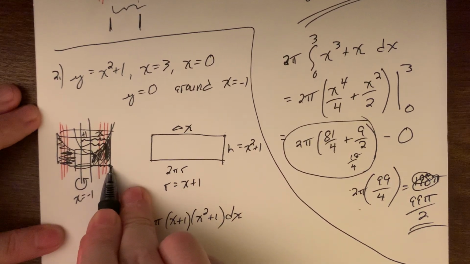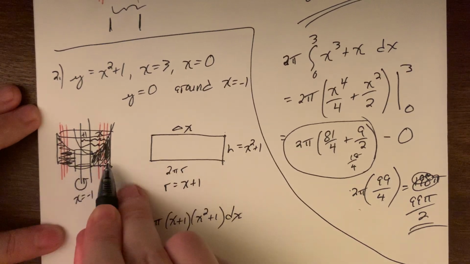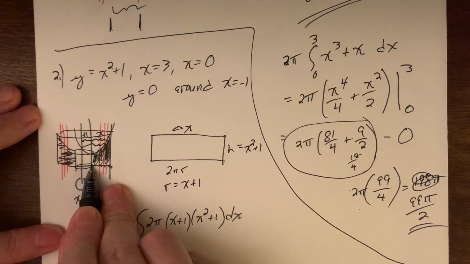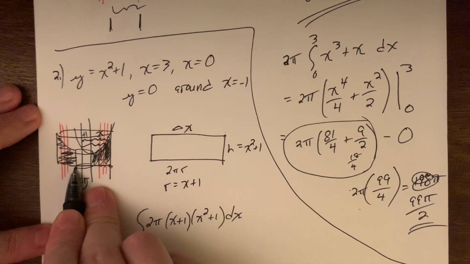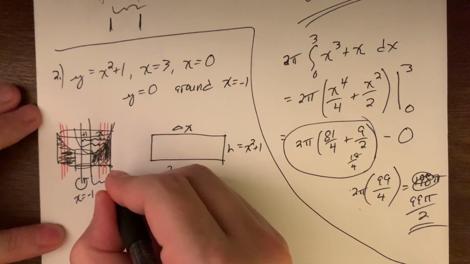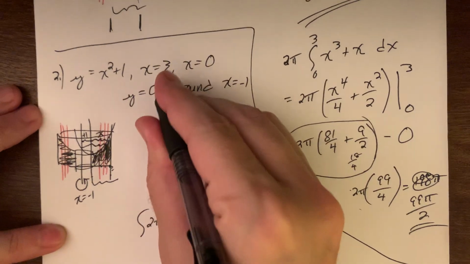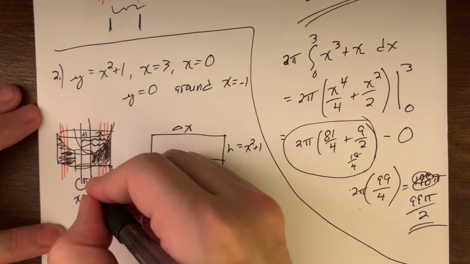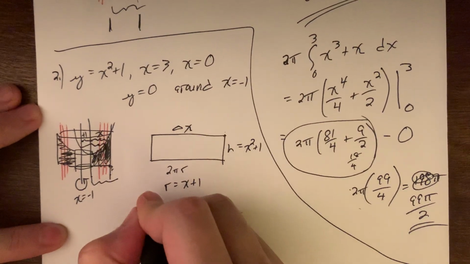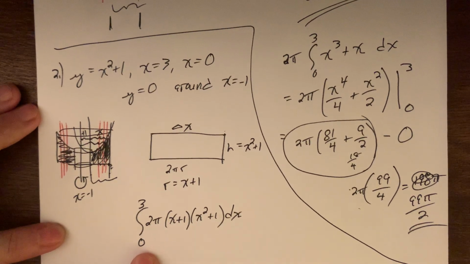Well, I start peeling on this outer edge, and this comes off, then peel here, and this comes off. And by the time I peel to here, this is gone as well. So I'm peeling from here to here. That was the line x equals 3. That was the y-axis, or x equals 0. So this will also have bounds 0 to 3.